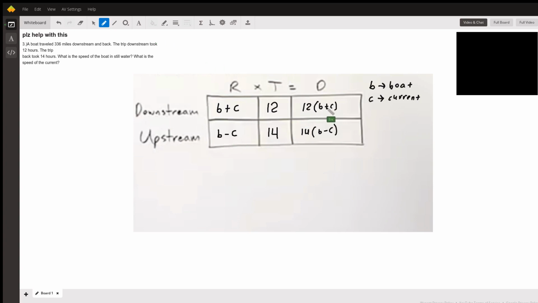Since we know the actual distance that we traveled downstream and upstream is 336 miles, we can set both of these distances equal to 336.